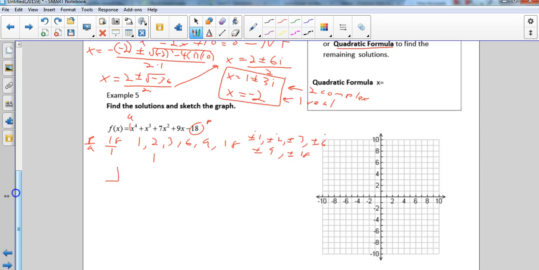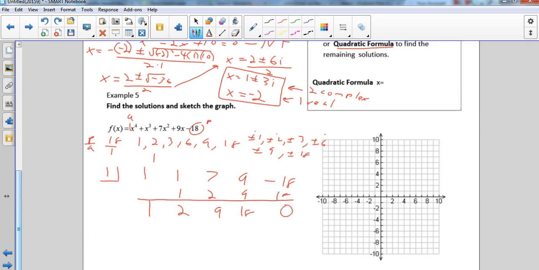So I'm going to do my synthetic division right here with 1. My fourth root, my third root, exponent of 4, exponent of 3, exponent of 2, exponent of 1, and my constant, negative 18. Drop down, multiply, add, multiply, add, multiply, add, multiply.